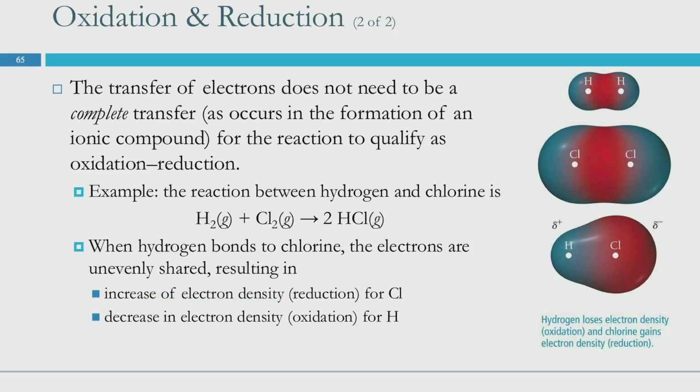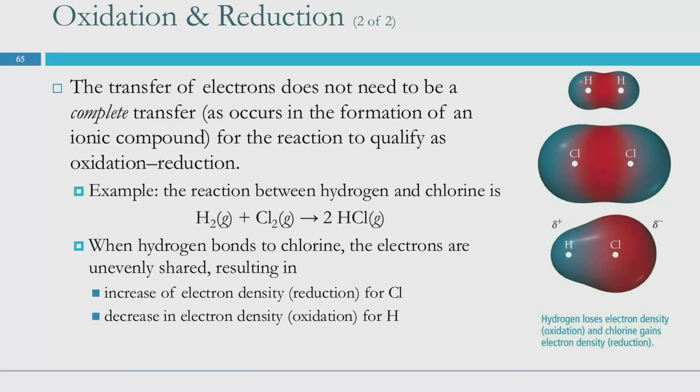Basically, how often does the hydrogen get to have the amount of electrons we'd expect it to have? How often does the chlorine get to have the amount of electrons that we would expect it to have? More often than not, in this case, chlorine is going to have more electrons than we would expect. That's where we get the partial negative charge. So we've got an increase in electron density.